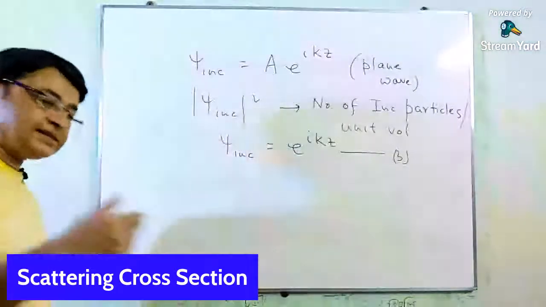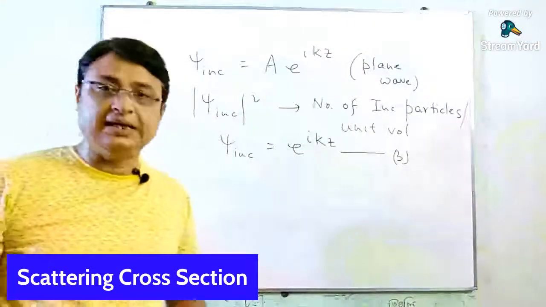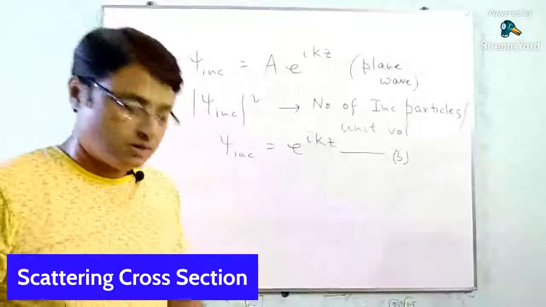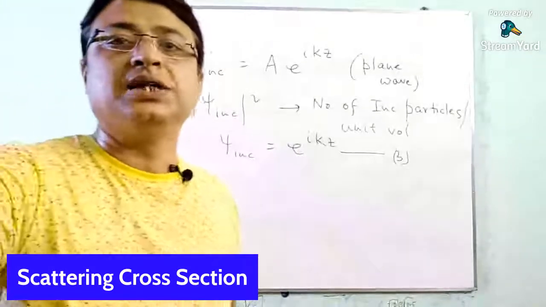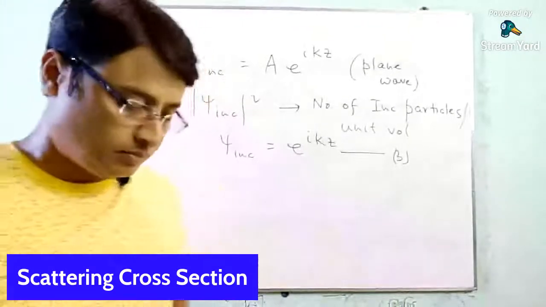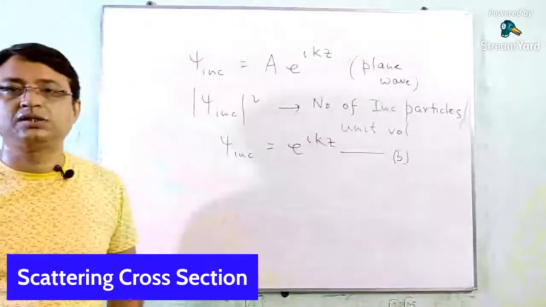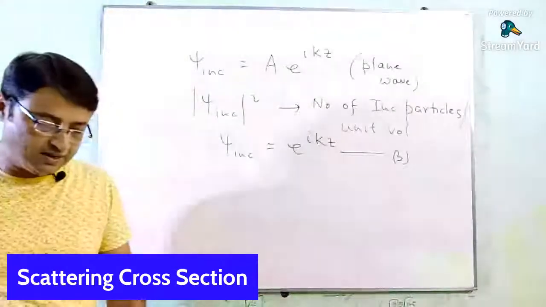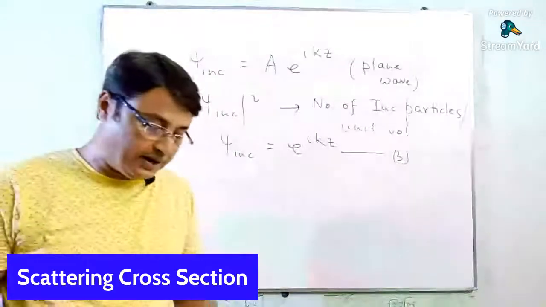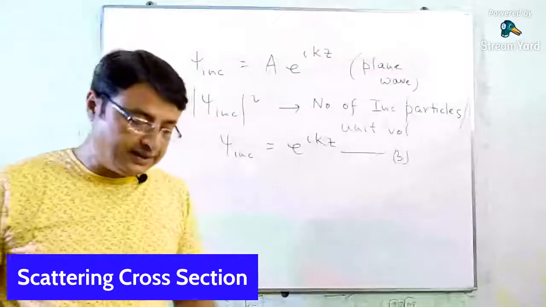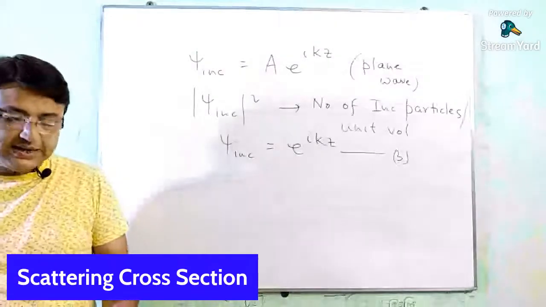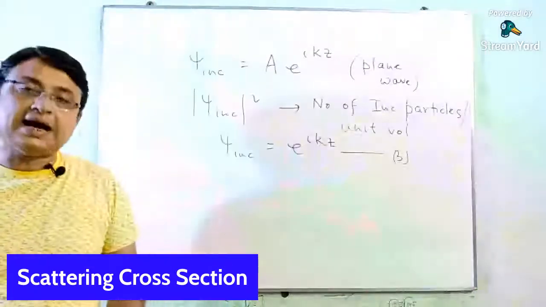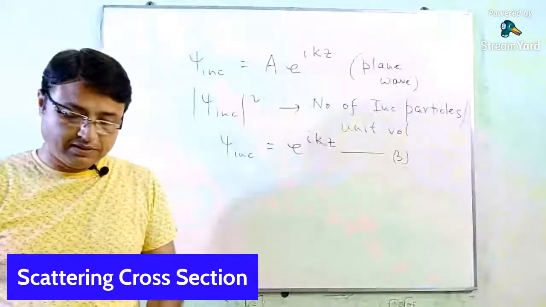Since the scattering is assumed to be elastic, psi sc must have the same propagation constant k, but it must be a spherical wave as these particles move radially outward in all possible directions, of course, at a large distance from the target.